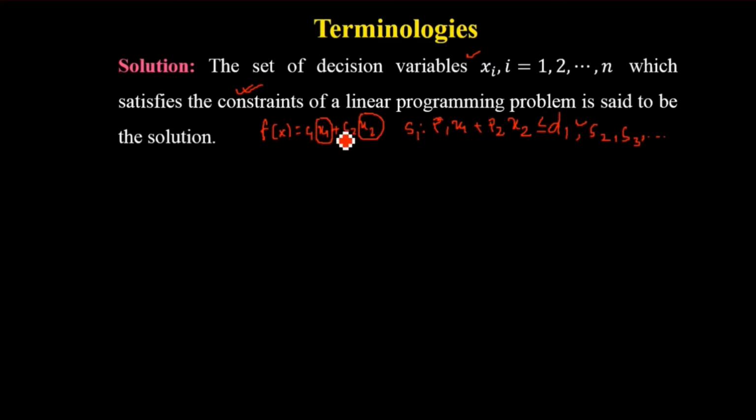After that we will see the optimal one. Those things we will see later. First we have to understand what is solution. Similarly, here I have taken x1 and x2, two decision variables. We can have more, three or more decision variables.